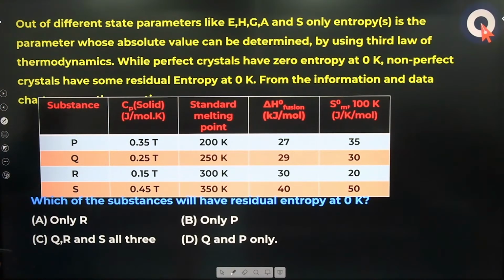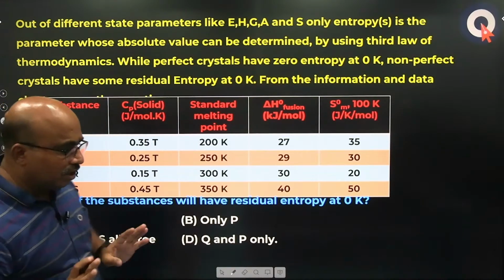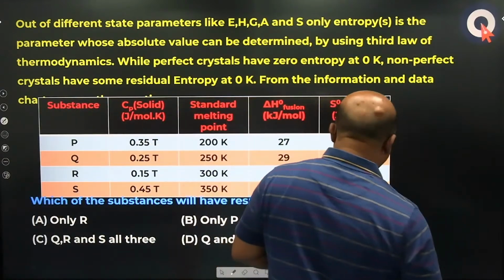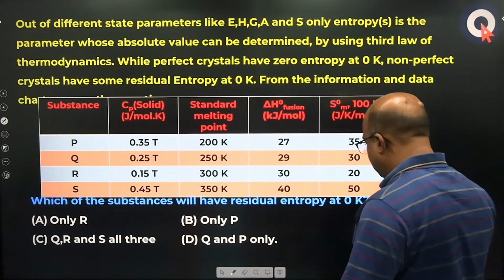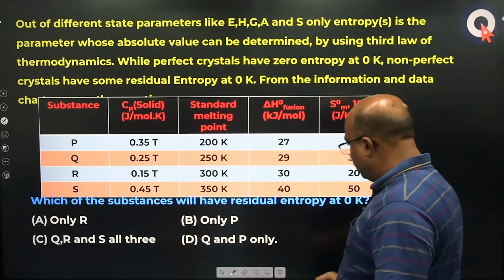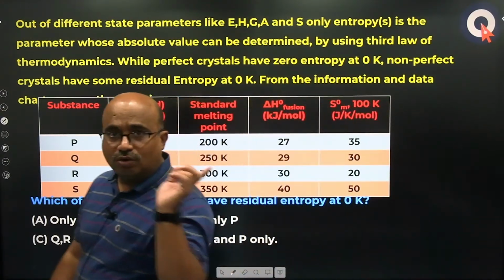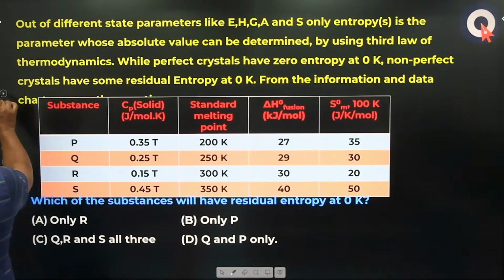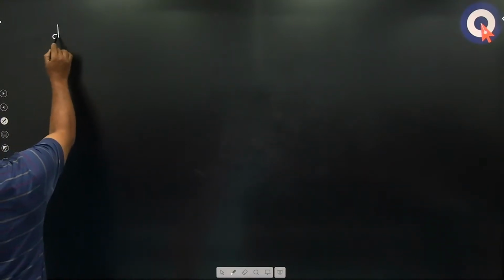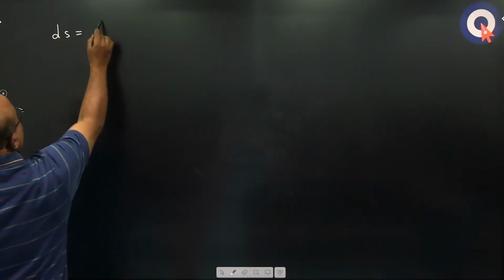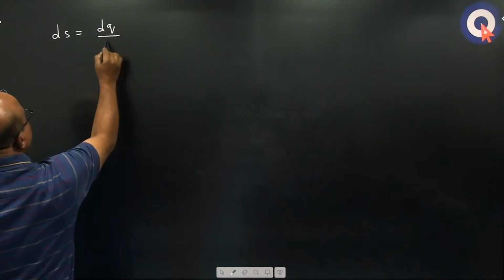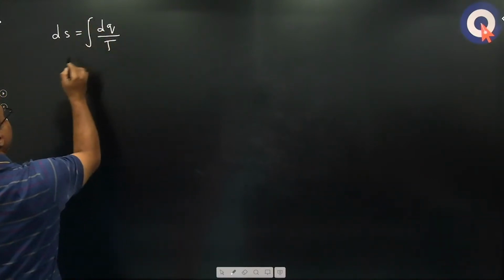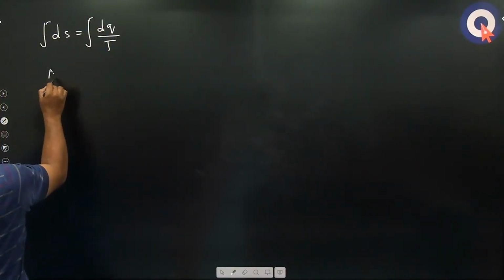So how do we actually determine the entropy changes? Already we said dS is nothing but dq reversible by T. Integration of that gives delta S.